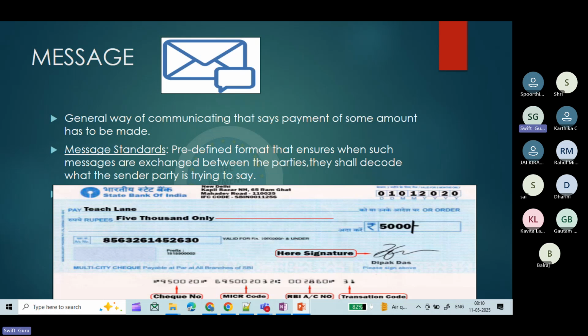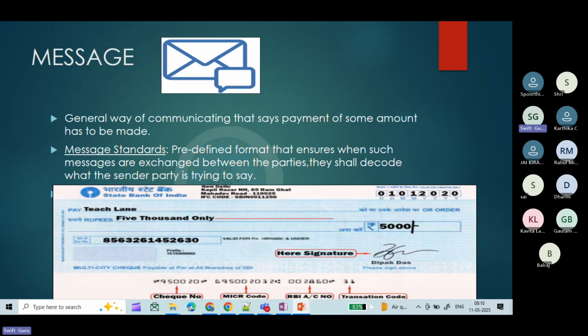Now, in order to make a payment to someone, how do you write a check? Whenever you write a check in someone's name, you are basically filling in all the message data, so that when a bank receives it, it will process the transaction. So what do you generally populate?